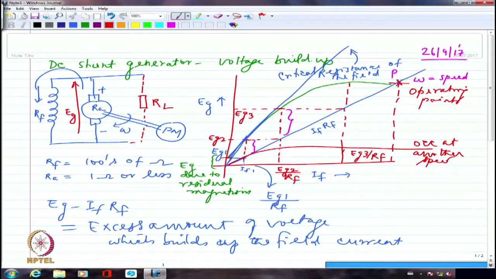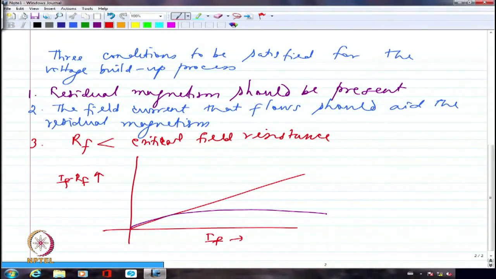So that may be really giving me much lower value of voltage which will come up for this particular generator operation. So I may not be able to really see any proper voltage, right? So this will be even more visible if I try to choose the resistance line probably somewhat like this. If it is at a higher value, then I can show even better characteristics.